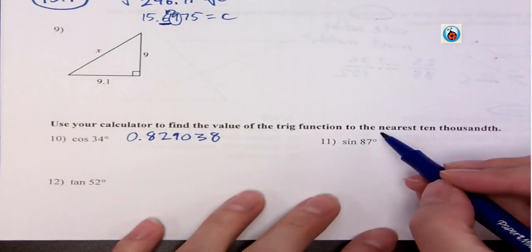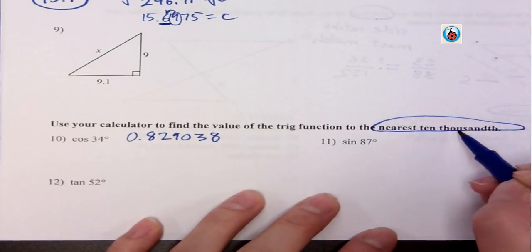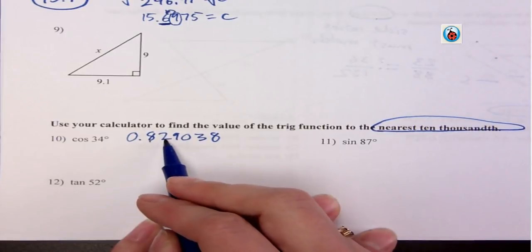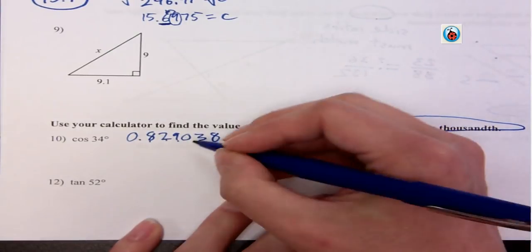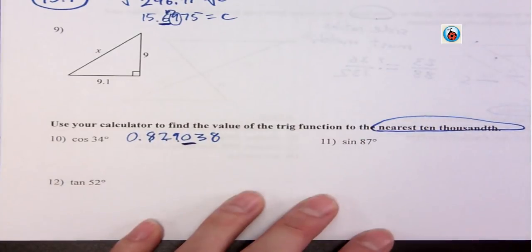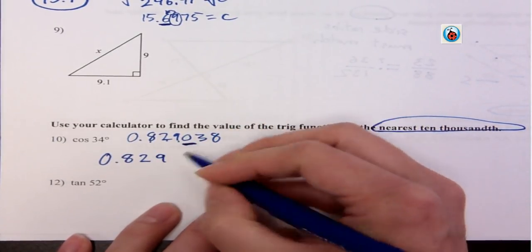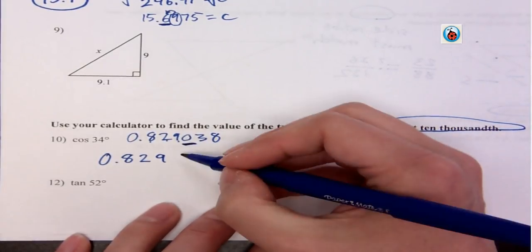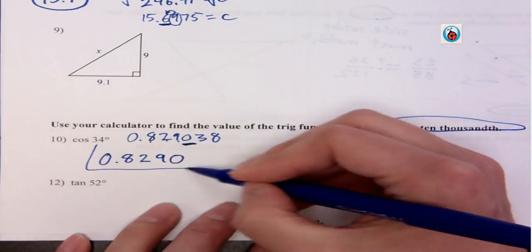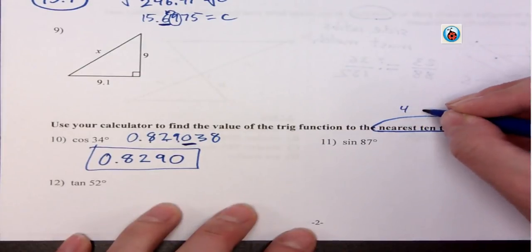Okay, so we're going to round it to the nearest 10,000th. So this is a 10th, hundredths, thousandths, 10,000th is right here. So my answer is 0.829. And I don't have to write the 0 because it's just 0, but I could. So 10,000th is 4 decimal places.